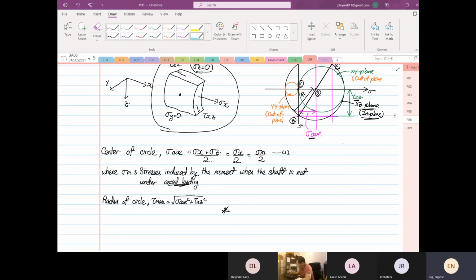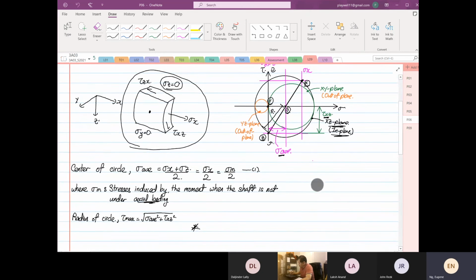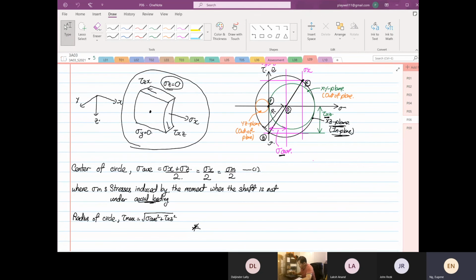So from here, we draw an element. Then we look into the average stress, which is equal to stress x plus stress z divided by 2. And then we realize that where we have stress x divided by 2, we also call it stress m divided by 2, where stress m, watch this, this is important, is the stress induced by the moment when the shaft is not under axial loading.